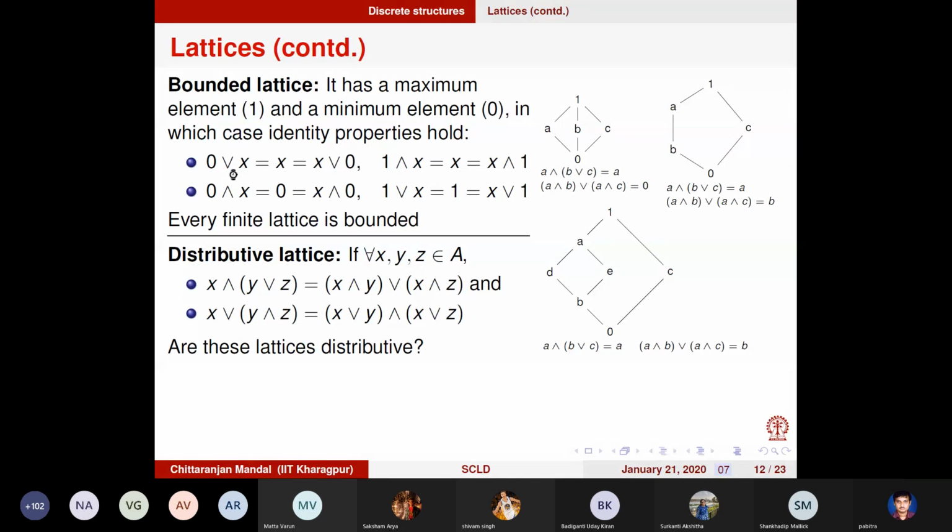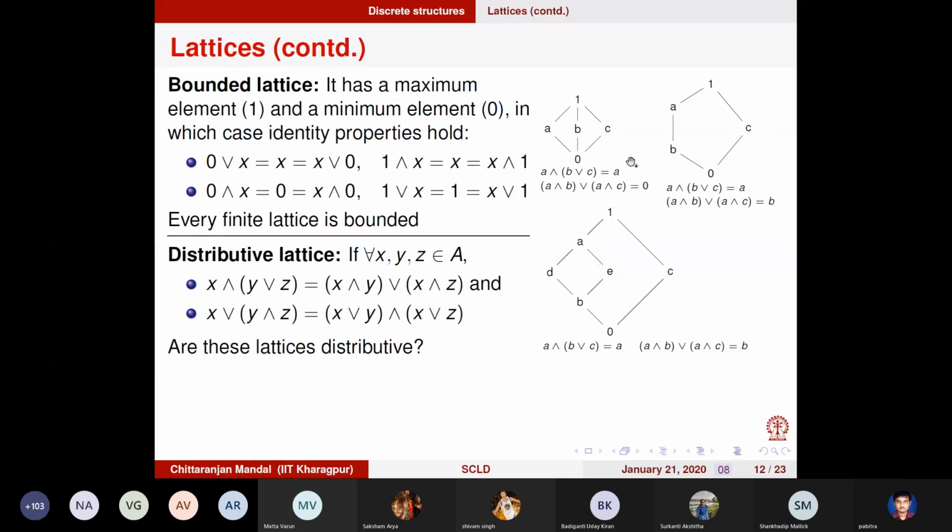If you take the join with the minimum, you get back the element, commutatively, and if you meet with the max, again you get back the element. Similarly, if you meet with the least element, you get the least element. If you join with the largest element, you get the largest element. So these are again pretty important properties from the Boolean algebra point of view.